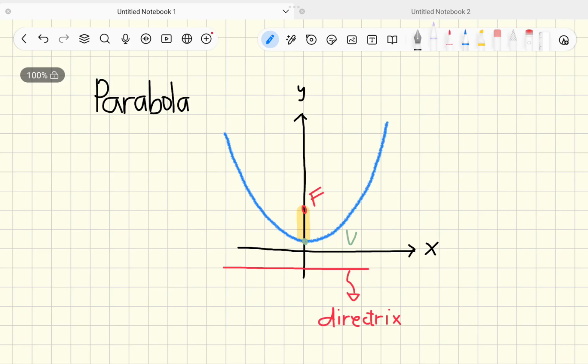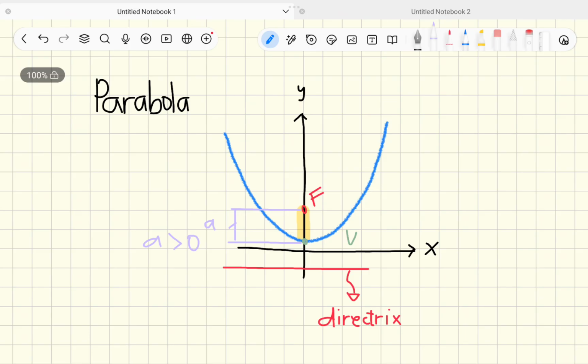So this distance here from the focus to your vertex is a, which is your parameter. So a here is your parameter, and a is greater than 0 in the direction of the opening.